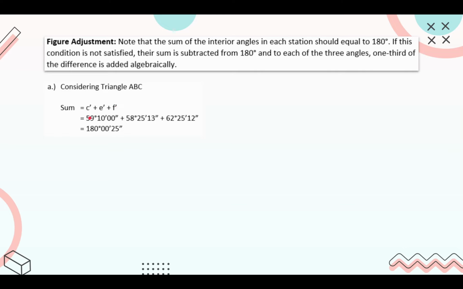So we get the values of C prime, E prime, and F prime, and then add them up. So the sum is 180 degrees, 0 minutes, and 25 seconds.